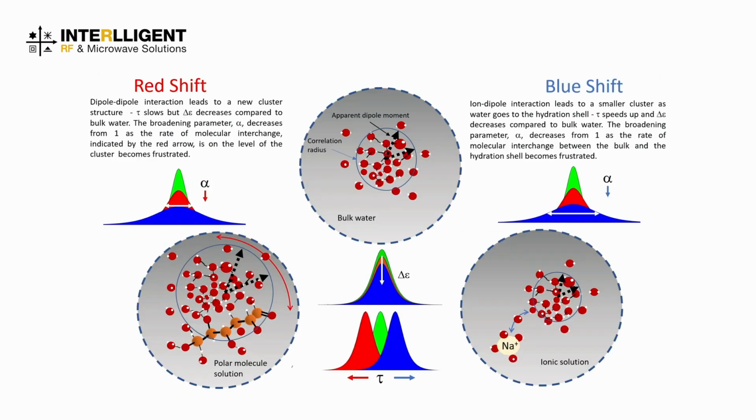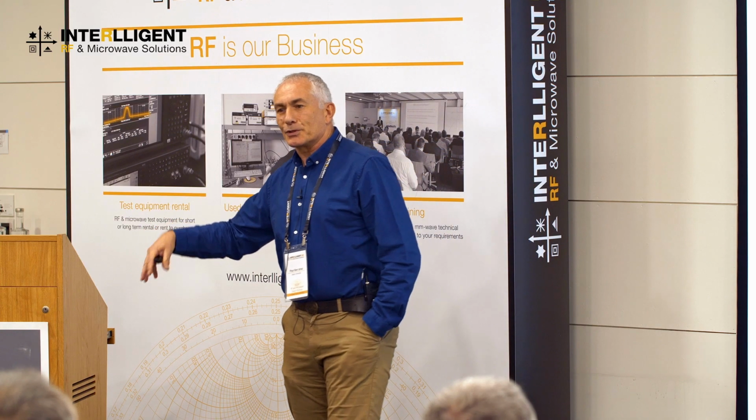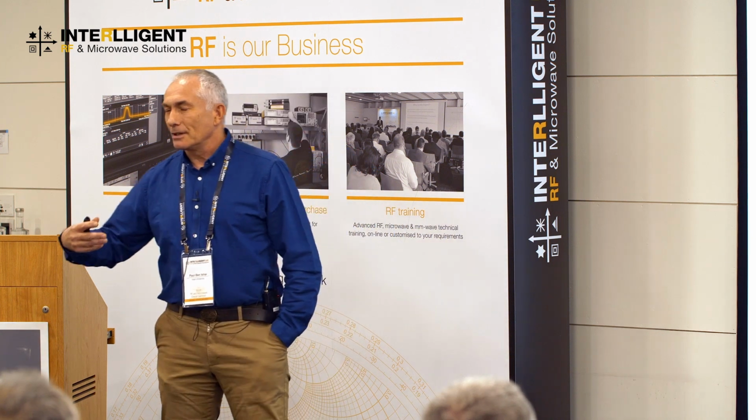So let's look at what actually happens. One way you can change situations, especially in water, is to dump stuff inside. Now, this is rather important because almost all water that we encounter in nature has stuff inside it. It's almost never pure.